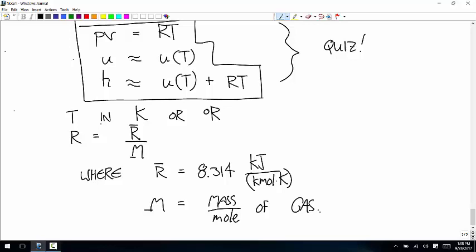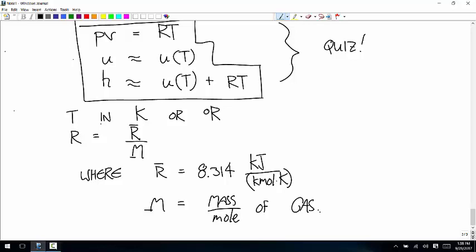So 1 mole of oxygen gas is 16 grams. Even though there's the same number of hydrogen molecules in a mole as there are oxygen molecules in a mole, a mole of oxygen molecules weighs 8 times as much, has 8 times as much mass.